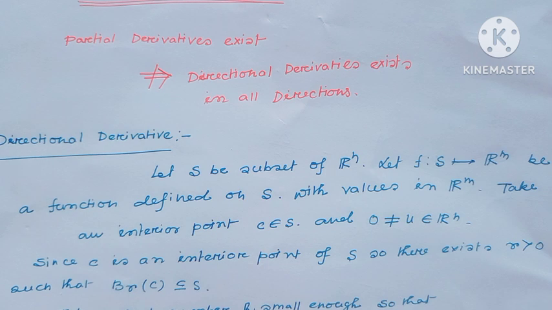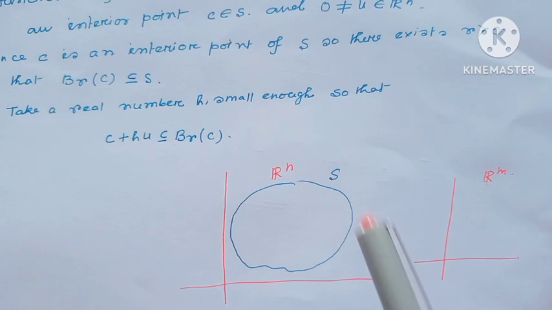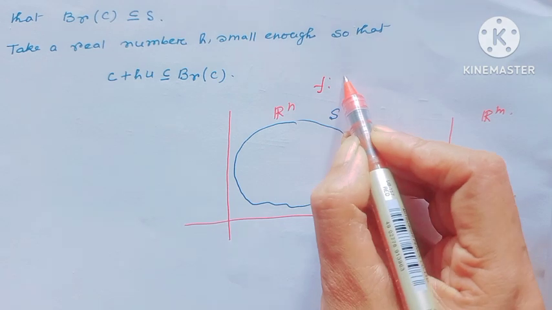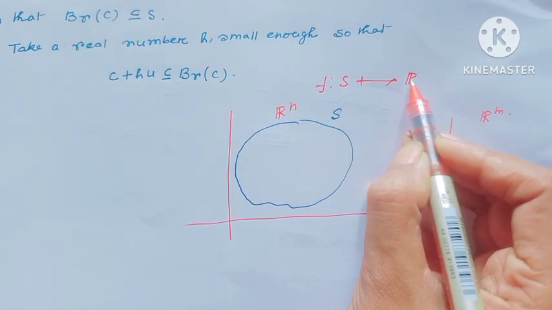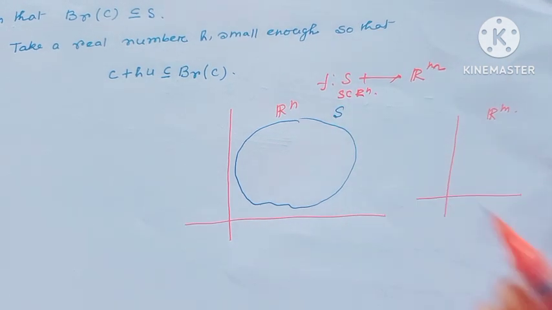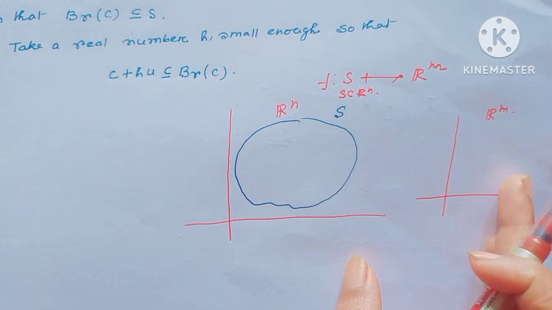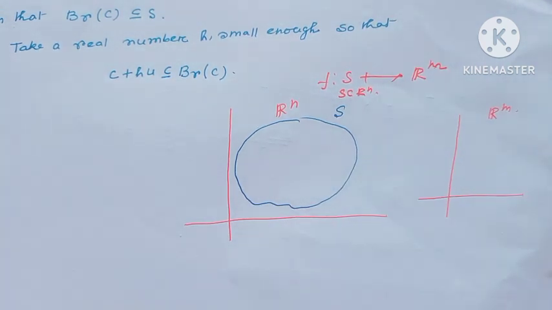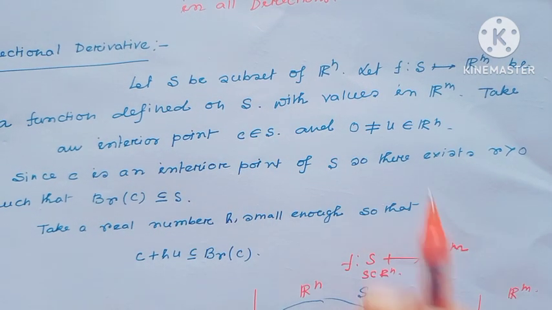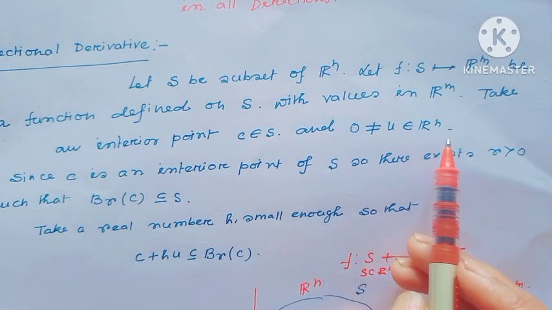Let S be a subset of R^n and consider a function f from S to R^m defined on S. Take one interior point c which belongs to S, and consider a nonzero u belonging to R^n.